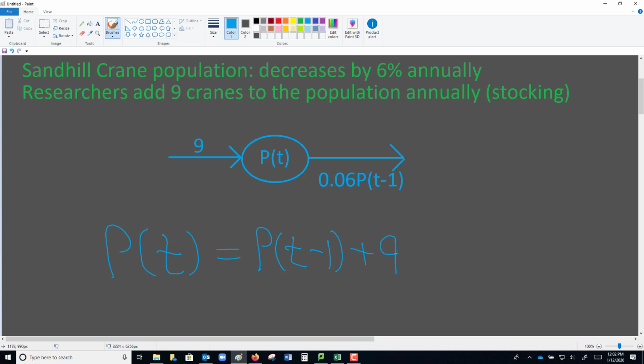No P of t minus 1 attached to that because it doesn't depend on the current population size. And subtract 6%, or 0.06 P of t minus 1. This is the equation that we can take to Excel to really see what's going on and if this is an effective thing that the researchers are doing to help the population out.